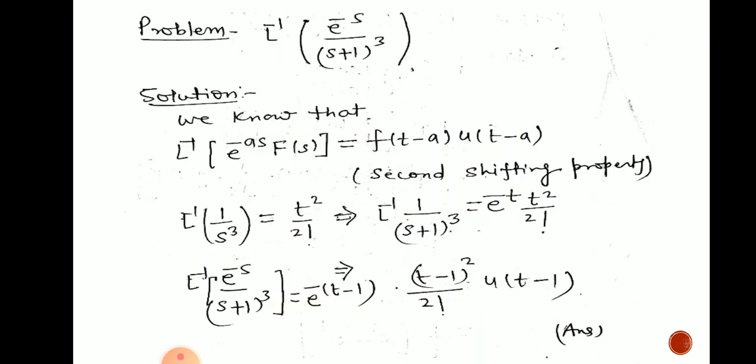So the Laplace inverse of 1 upon s cube is equal to t square by 2 factorial. So the Laplace inverse of 1 upon (s plus 1) cube is equal to e to the power minus t into t square by 2 factorial.